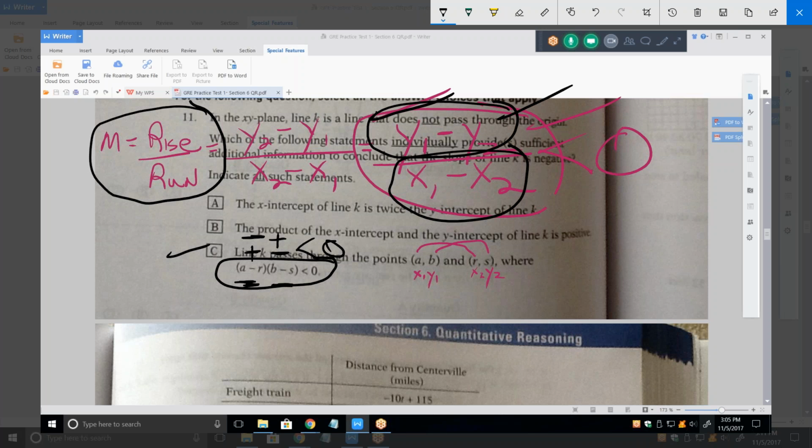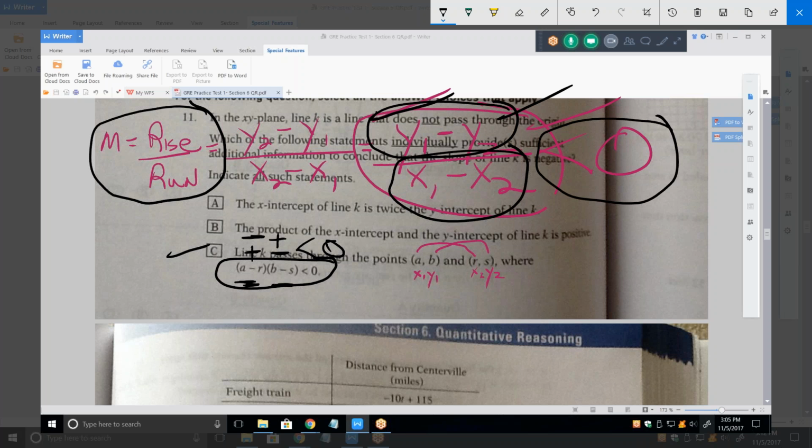And I don't care which one's positive and which one's negative. I know they have to be opposite signs, because when you divide a positive by a negative, you get a negative. When you divide a negative by a negative, you get a positive. So the only way we get less than 0 is if they're opposite signs. Okay, but as of right now, the way it's written, we don't know if they are opposite signs or not. Yes, we do.